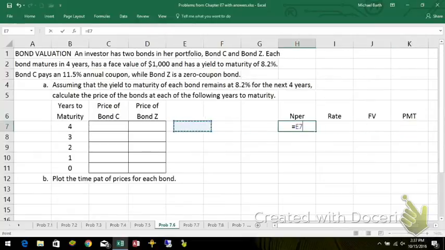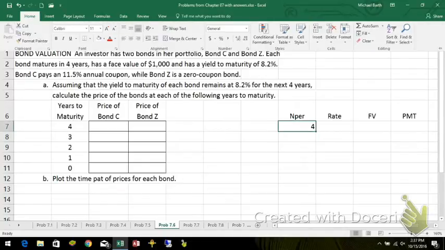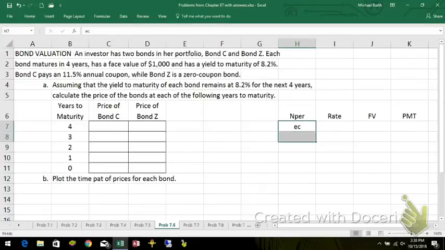The number of periods, we're going to start with having 4 years to maturity. And that's going to drop each year from 4, and then next year it'll have 3, then the year after 2, and then the year after 1, and then the day it matures it'll have 0 years to go.